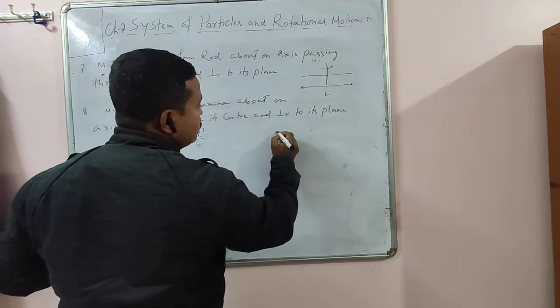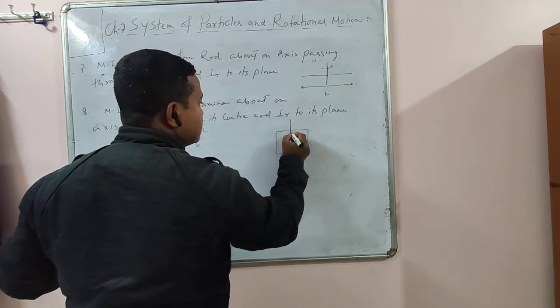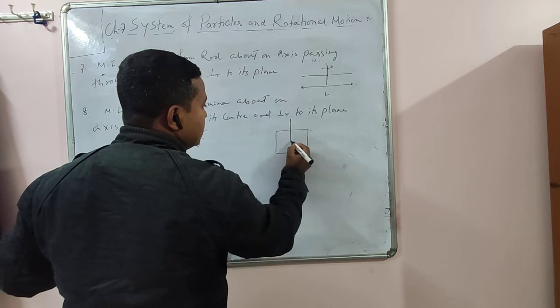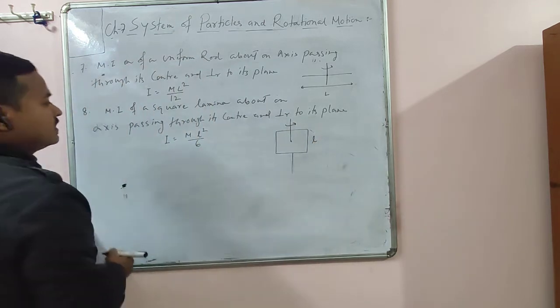So suppose this is a square. This is the center, so this is the axis passing through the center and perpendicular to its plane. This is the length of the square. This is ML square by 6.